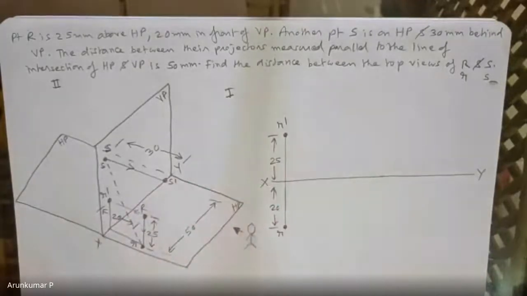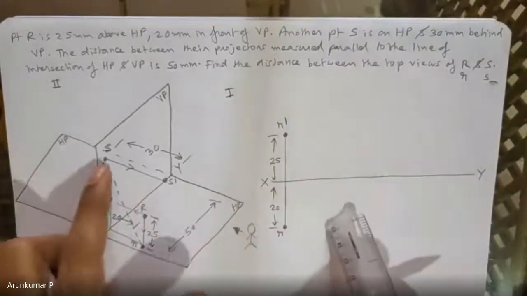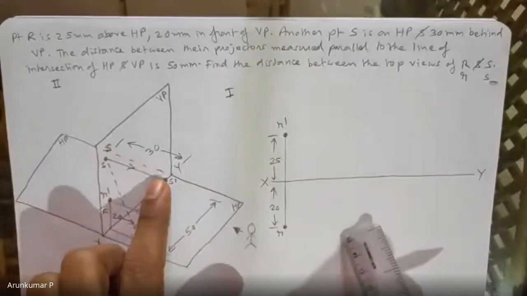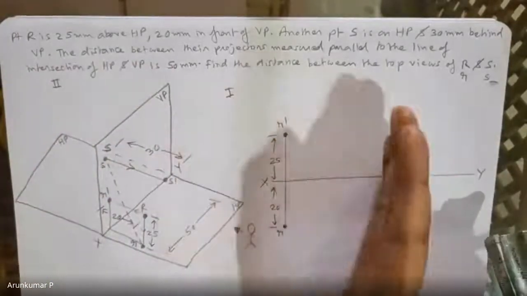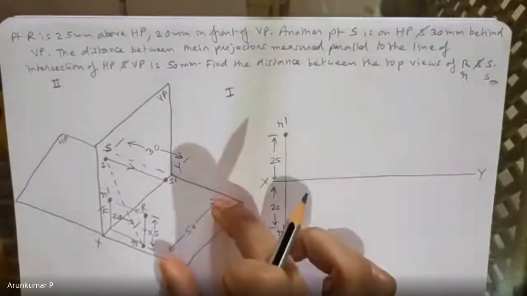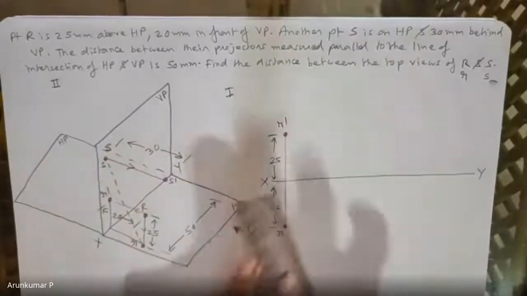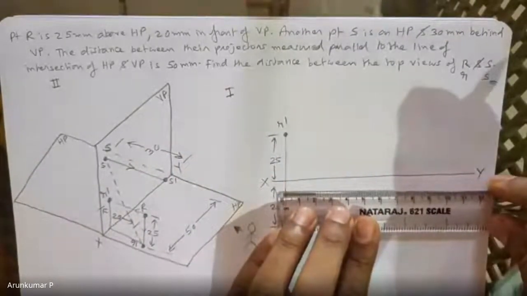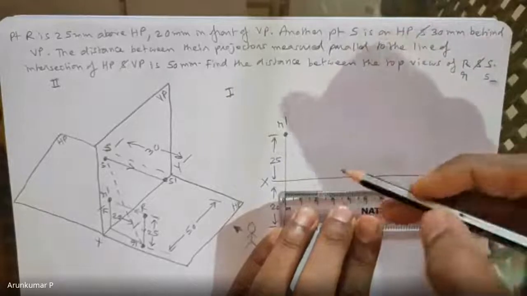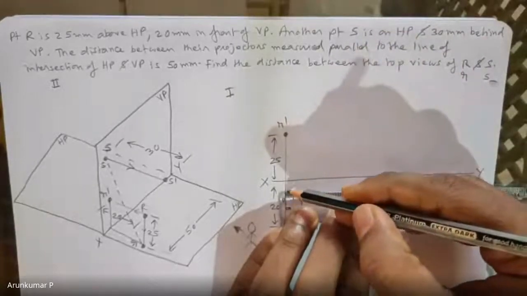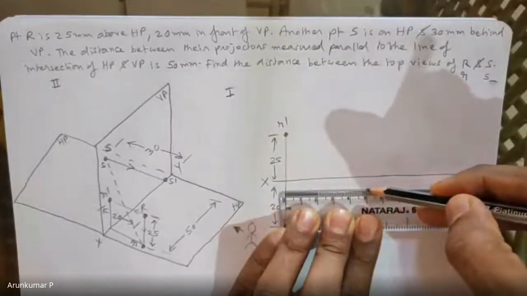Now you have to draw the projection of S, S dash and S. At what distance are you going to draw? How much is this distance? 50. So simple. All you have to do is measure 50 mm from this projection line.